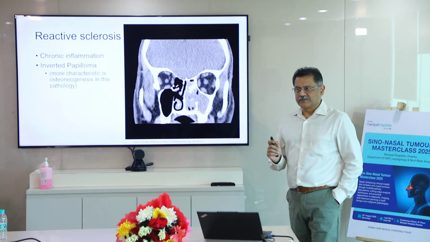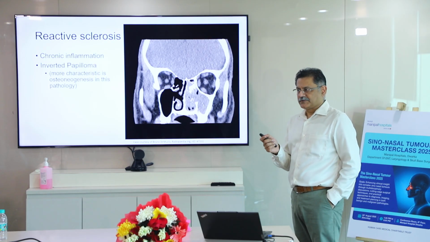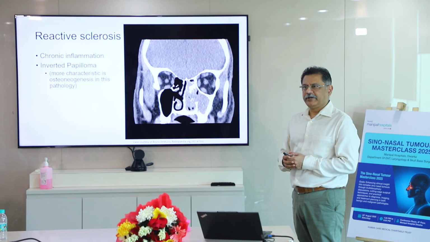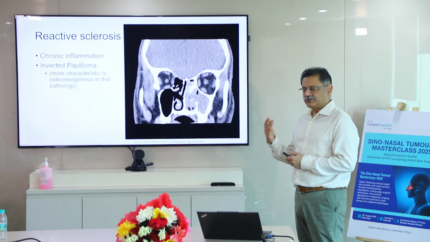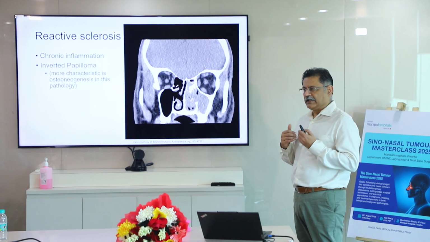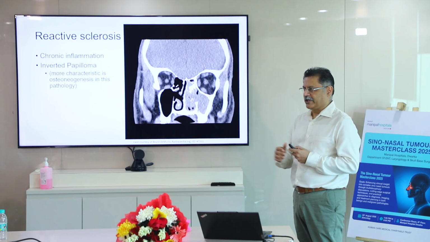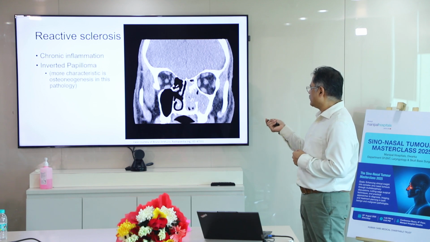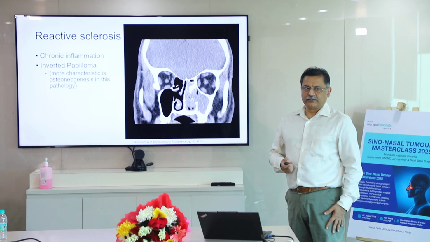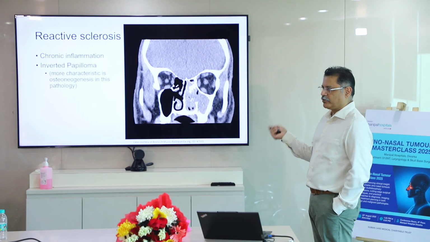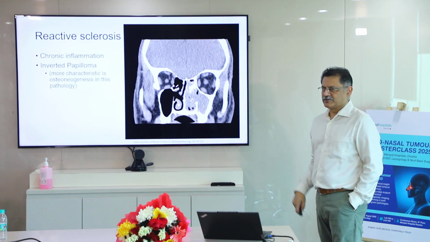The next part is reactive sclerosis. Any indolent process sets up an inflammatory response, so the periosteum of the sinus involved can lay down bone over a period of time. So when you see a thickening, you actually get asymmetry on the sides, which gives you a pointer that this has been going on for some time.